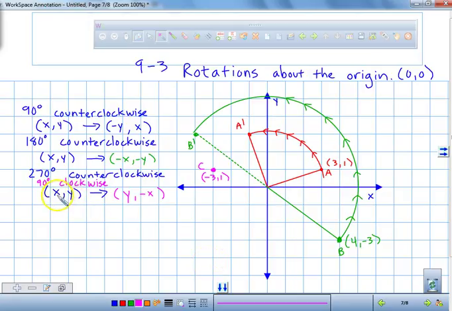I have a negative 3 and a 1. What's negative 3 and a 1 going to become? A 1, positive 3, which is going to put me right here. That's C prime.